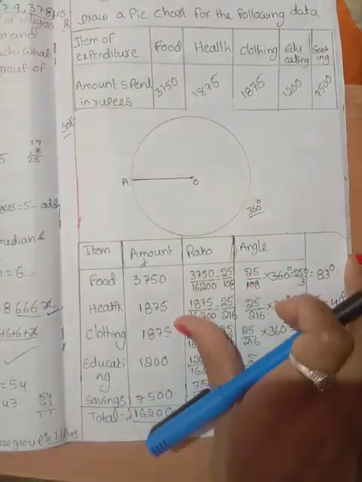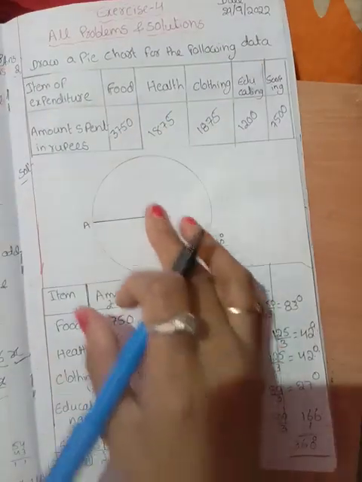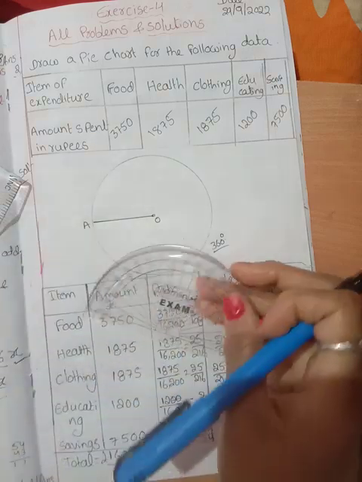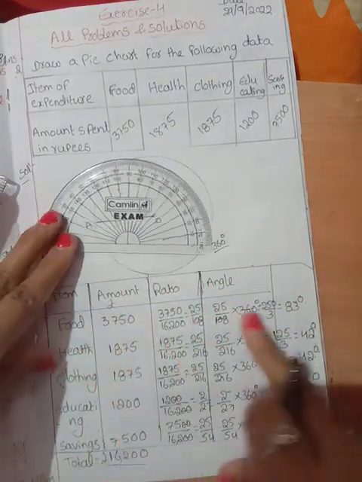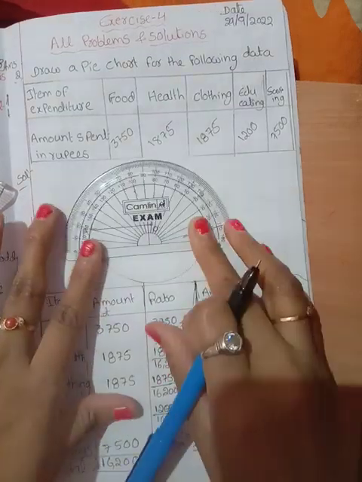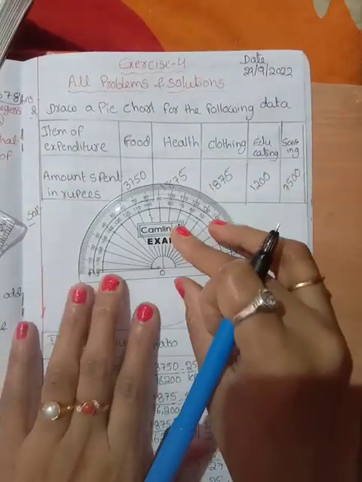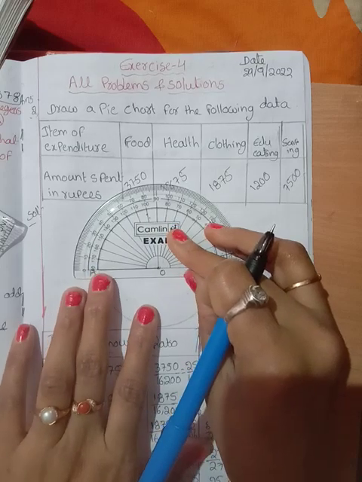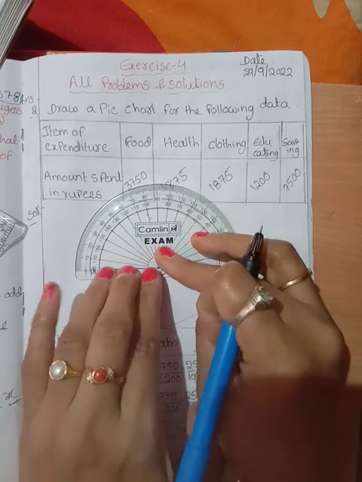Yeah, you can draw the pie chart using the data. First of all, use a protractor. First one is the food only. Food angle, you can draw the food angle. First you can draw one line, OA line. Put that on the protractor, using the protractor.